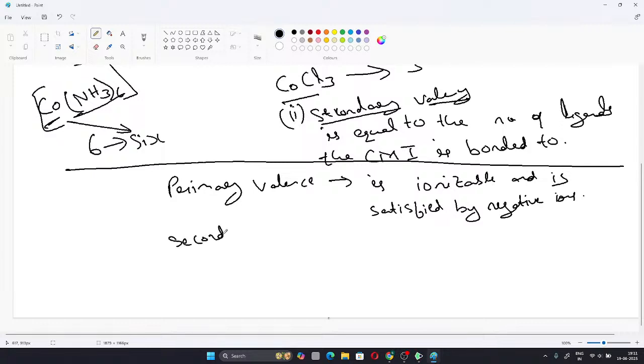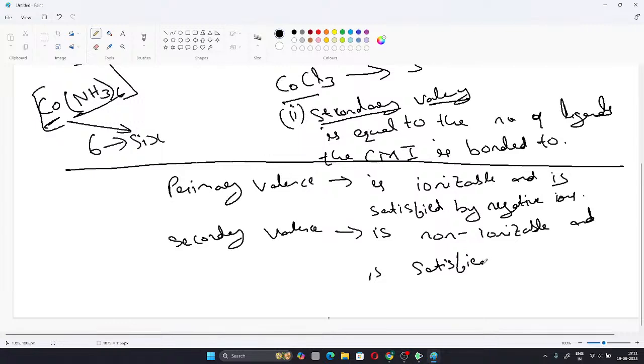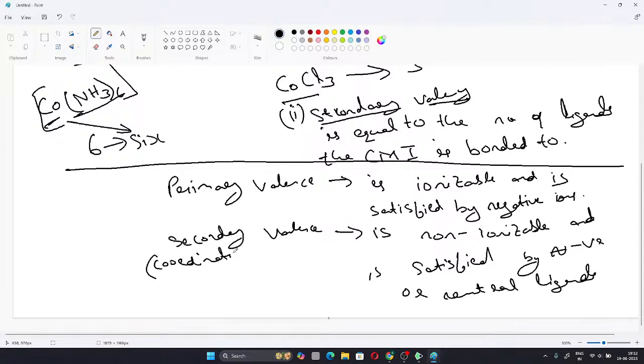Secondary valence is non-ionizable and is satisfied by negative or neutral ligands. The secondary valence is equal to the coordination number of a metal. This coordination number is fixed. These are the postulates, and one more postulate.